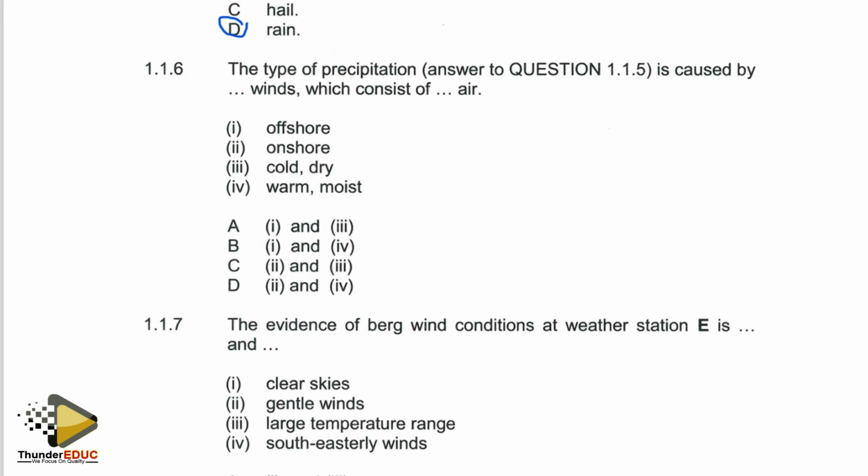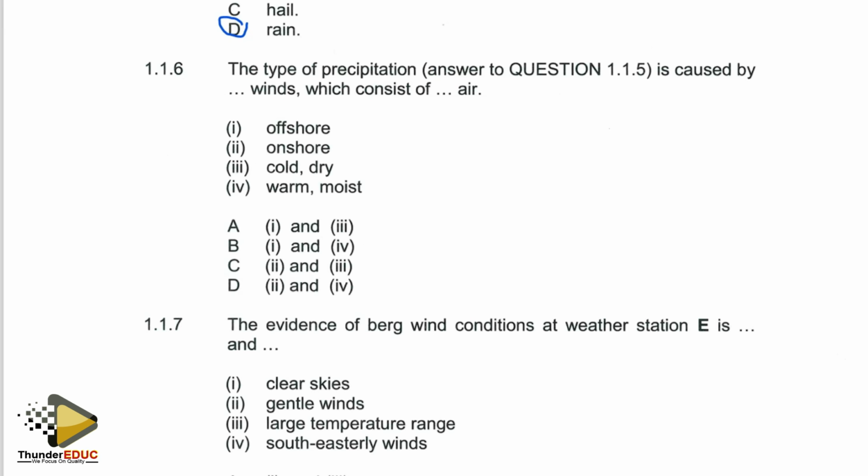When we talk of offshore and onshore winds, offshore means winds coming from land going over the water body or the ocean, and onshore means winds which come from the ocean over the land. So definitely for us to have rain conditions, we need onshore winds. So we pick our item number 2.